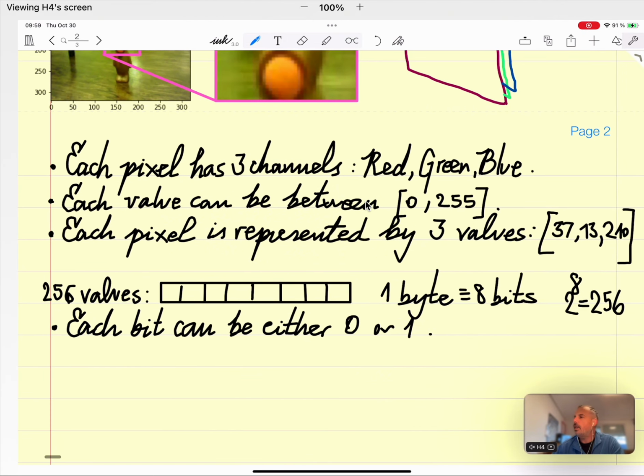So with this input, with this intuition, let's say this is an intuition. This is not the real thing yet.